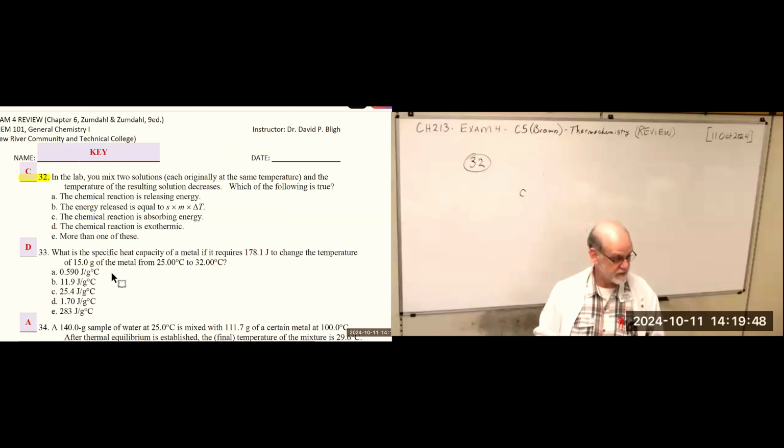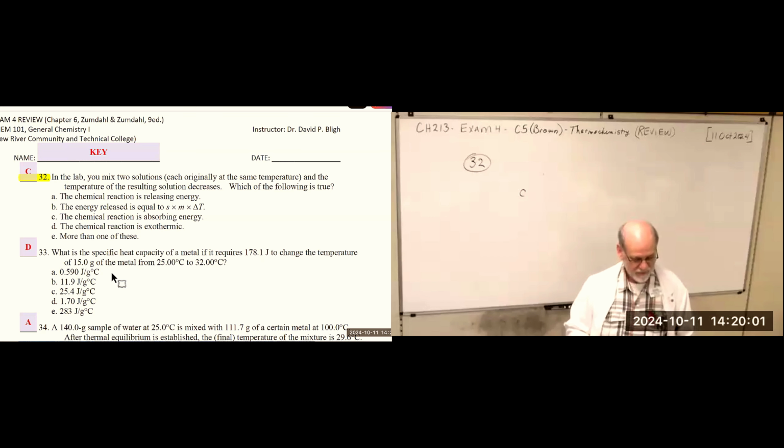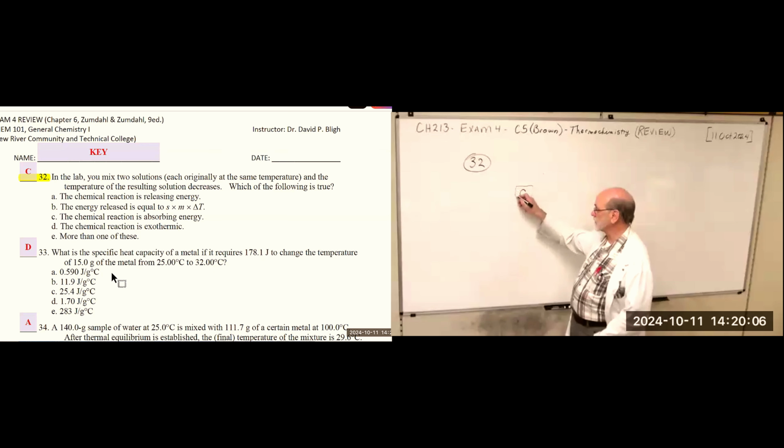That's the key word there. It's not releasing energy. So it doesn't matter Sm delta T, it's not releasing, so B can't be it either. A and B are false. The chemical reaction is exothermic? Nope. And there's not more than one, it's just C. C is the only one that fits those conditions.